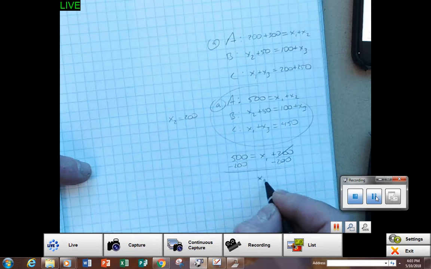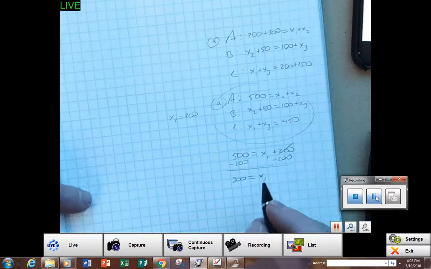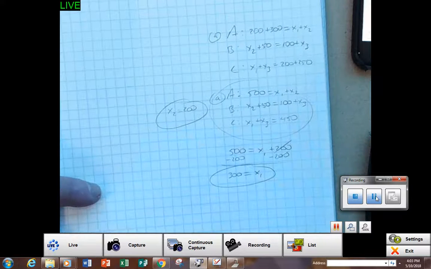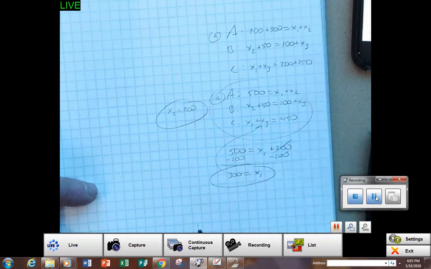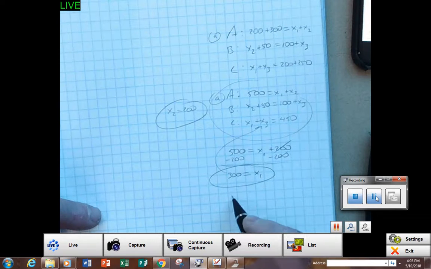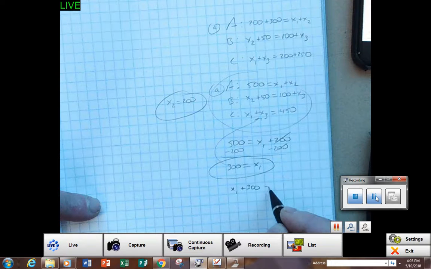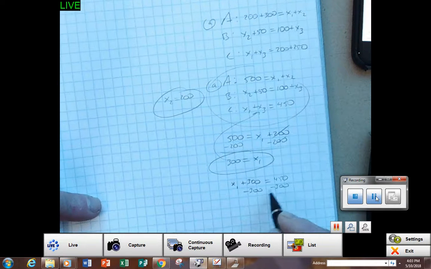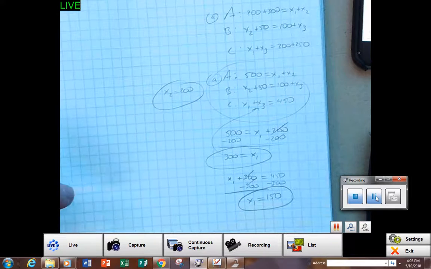So x1 has to be 300. So now all I need to do is find one more, because I have 2 of them. I have x2, x1. Now to find x3, I'm just going to take this and plug it in right there and solve for x3. So x1 plus 300 equals 450, minus 300 gives me x3 equals 150. So those are my three answers.